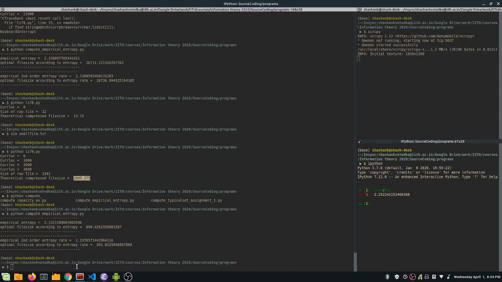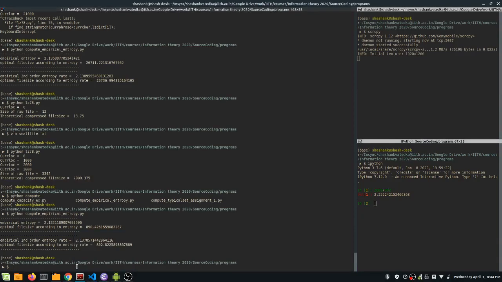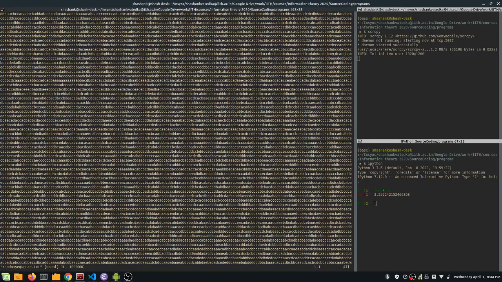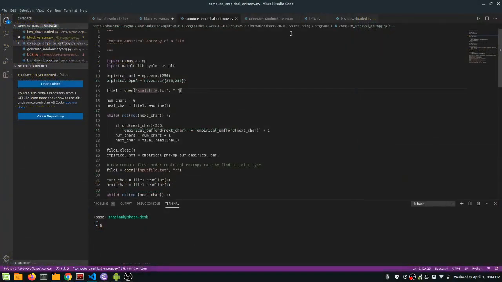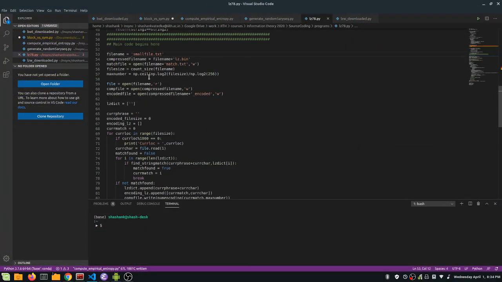So let's look at another raw file. This is much larger. It's again a random string of A, B, C, and D. Let me try to compress this using Lz78.